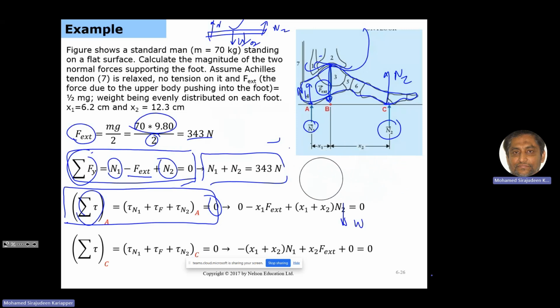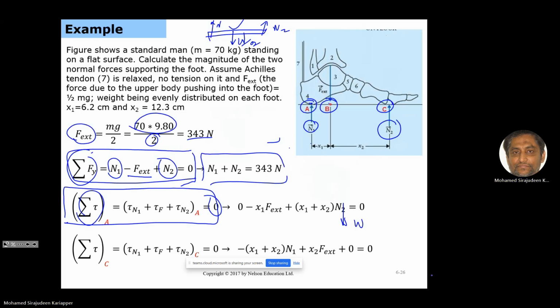So I'm going to erase this. I'm going to mark some points. I'm going to call this point A, point B, and point C. Whenever you want to apply the net torque equal to 0 equation, when you want to find the torque, we have to tell about which point, right?